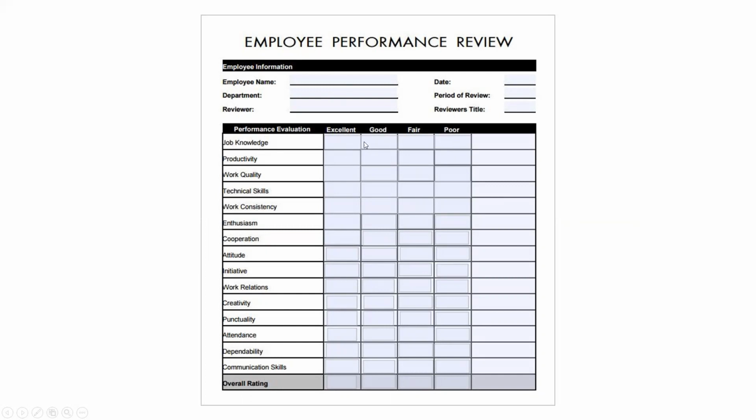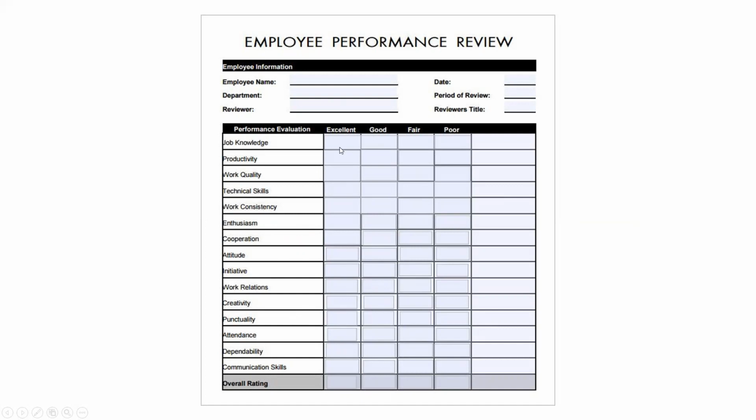Job knowledge, good. Productivity, excellent. Work quality, excellent. Technical skills, fair. Work consistency, good. Enthusiasm, poor. In case of cooperation, good. Attitude, excellent. Initiative, fair. Work relations, good or excellent. Creativity, punctuality, attendance, dependability, communication skills, and overall rating.